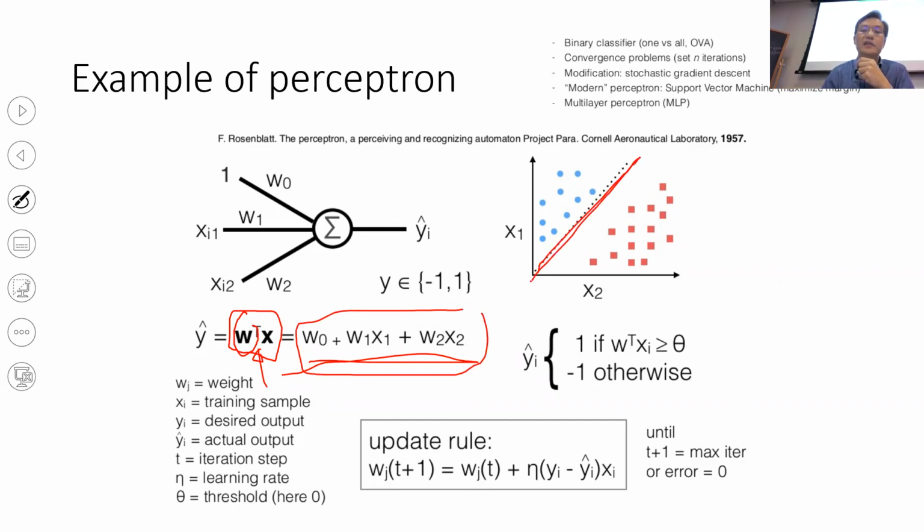So you have this line here, and if your output is above this line, it's one class, otherwise it's the other class. So for this simple single neuron operation, you actually create a separation between your training data points. Internally, this function is just a straight line here.